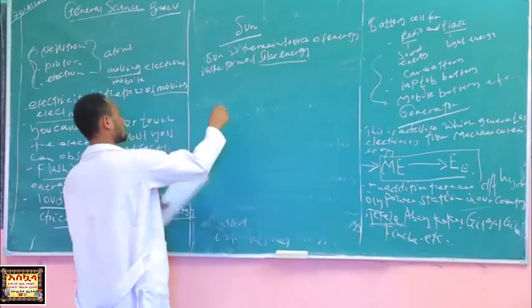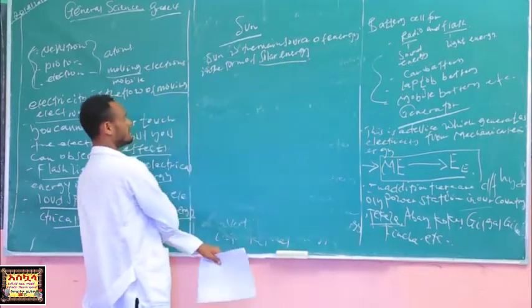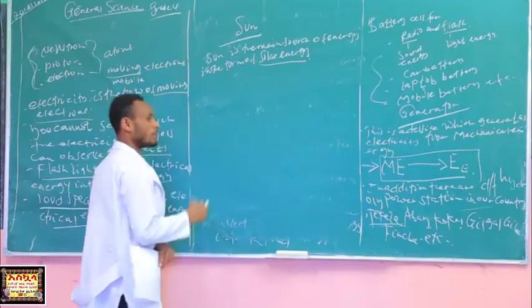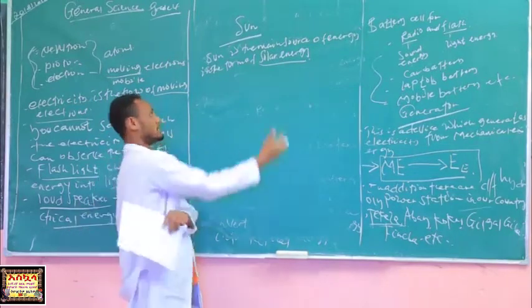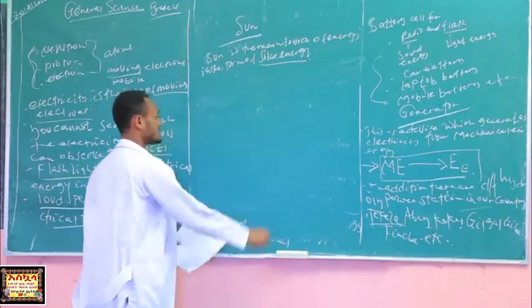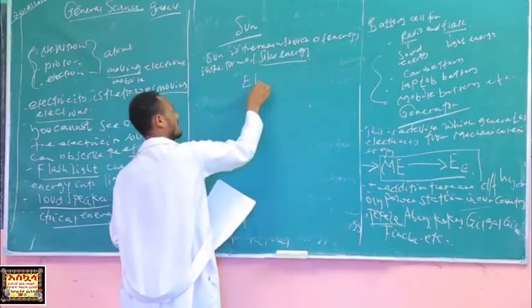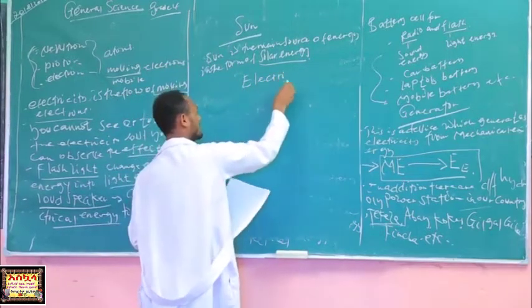So the energy from the sun is called solar energy. So we can get energy mainly from the cells. The second one is what we mean by the electrical current.